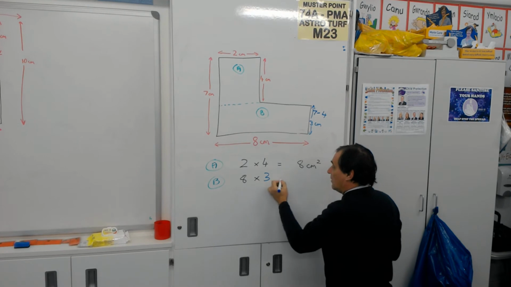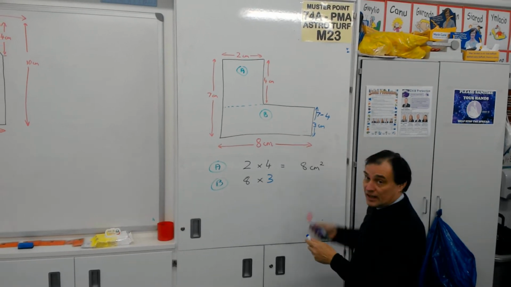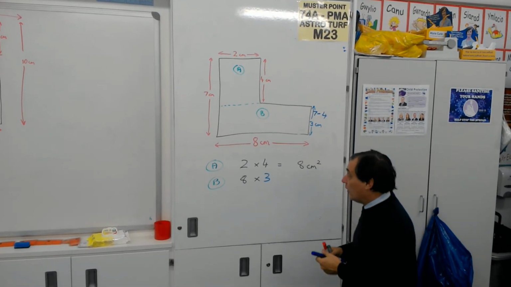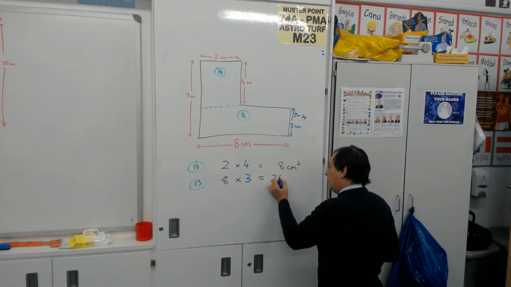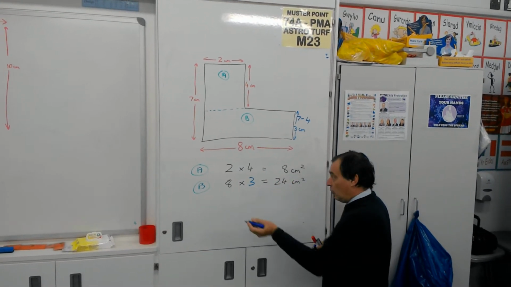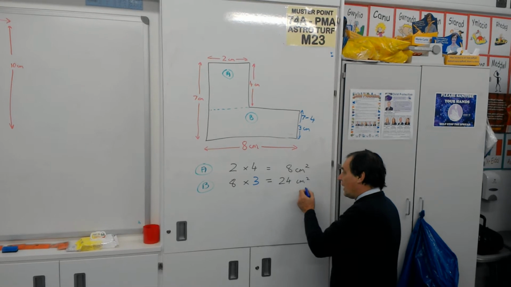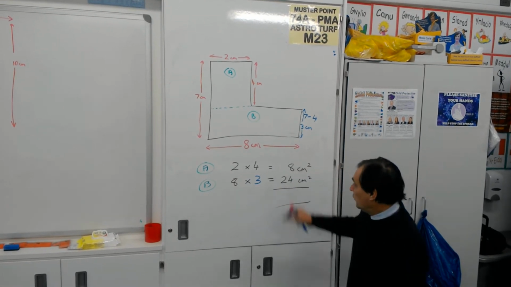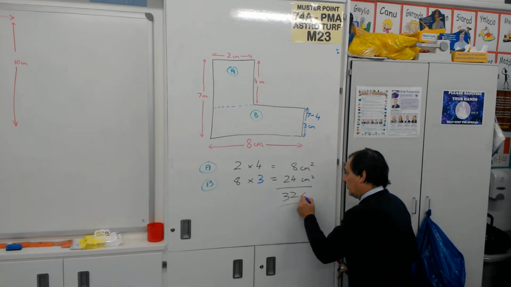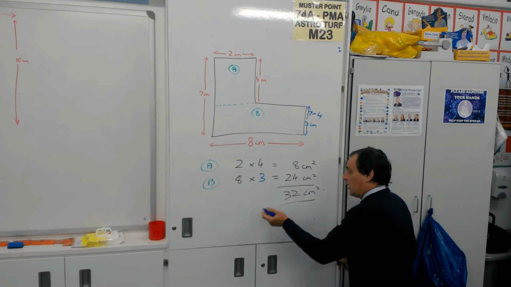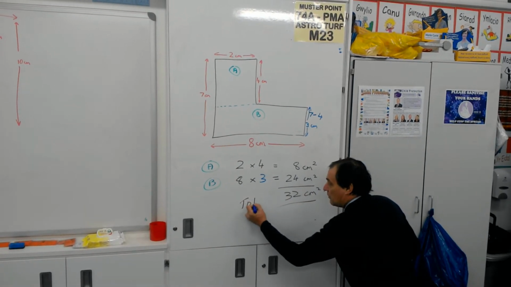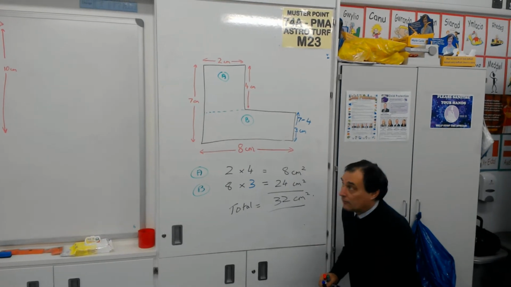So I can times the 8 by that 3, I'll put it in blue to indicate that's a dimension that I have to work out. So that's going to be 24 centimetres squared, 8 threes are 24. If we add the two together, that then gives me a total of 32 centimetres squared. So that's going to be my total, that's going to be my area and answer to my sum.